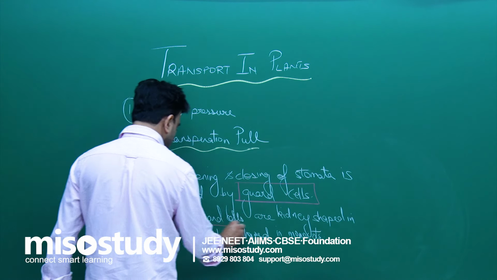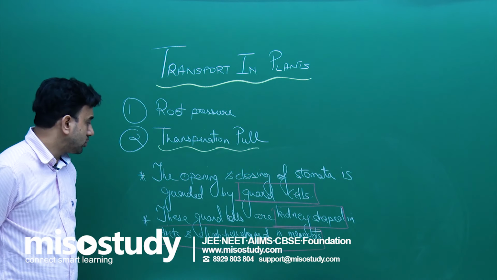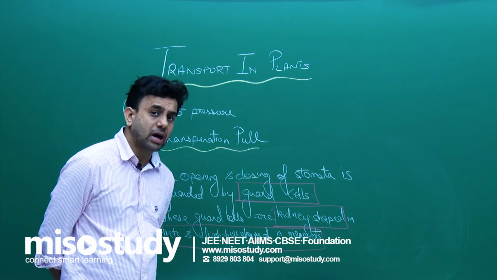Okay. So the opening and closing of stomata is guarded by the guard cells. The guard cells are kidney shaped in dicots and dumbbell shaped in monocots.